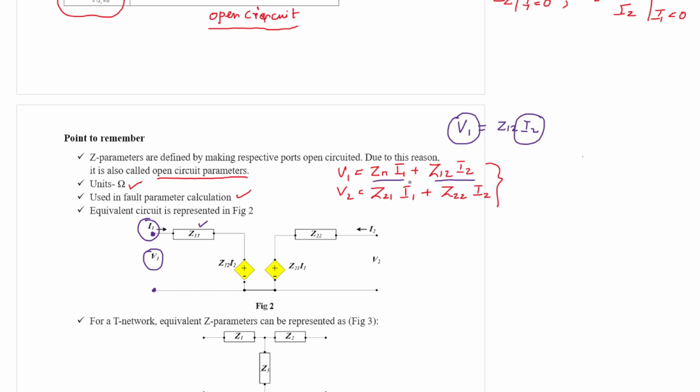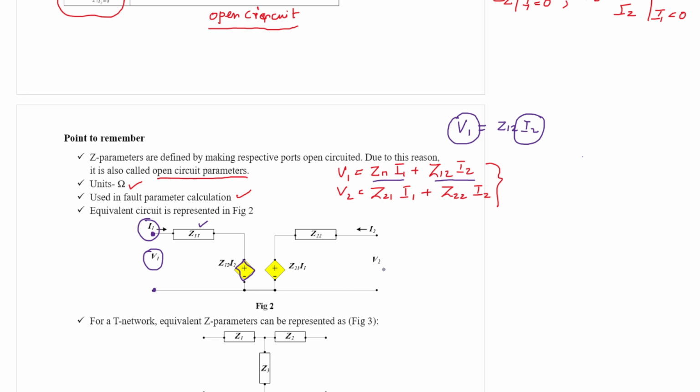That is why this voltage drop Z12 I2 is represented by a dependent voltage source, whose magnitude depends on the secondary current or output port current.